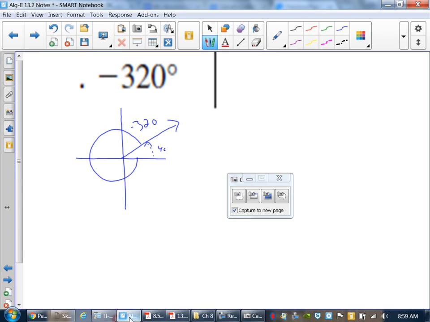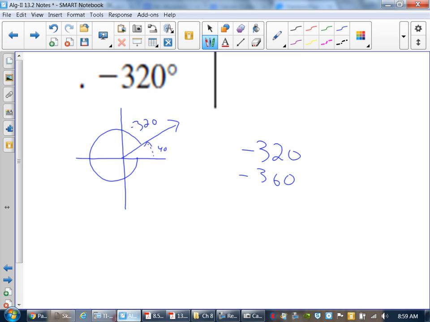It's 40 degrees off the x-axis, which means, was I within one revolution or was I beyond one revolution? We were within. Since the negative 320 is within one revolution, all I have to do is subtract 360 and add 360 to get my two different angles, my positive and negative coterminal angle.